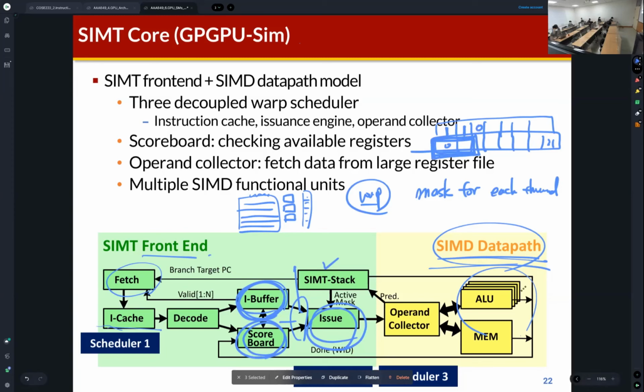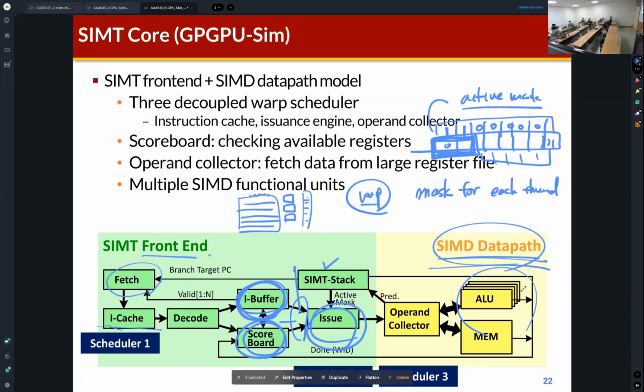But if the mask is set to 0, the threads are not executed. So this mask is called the active mask in GPU terms. Using this active mask, the GPU supports divergent execution.